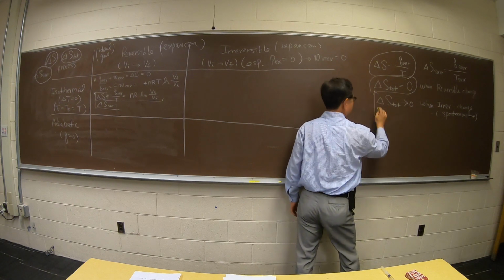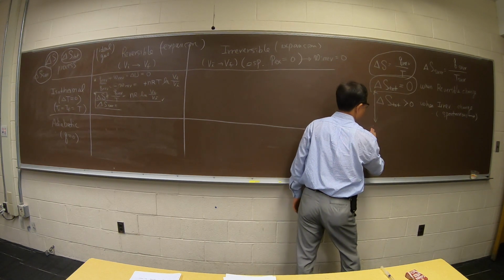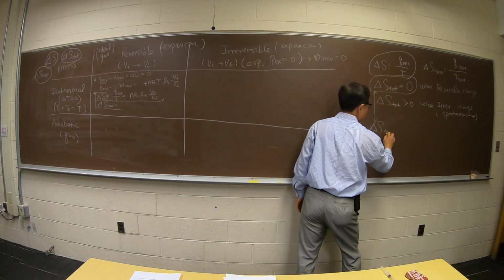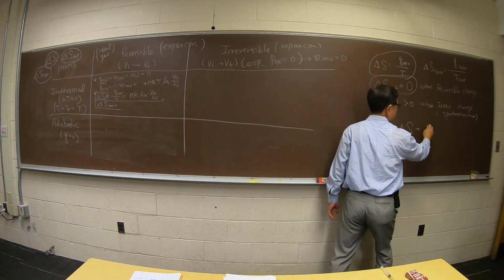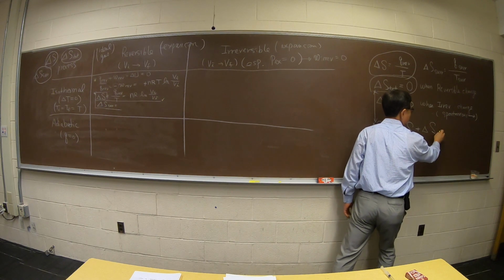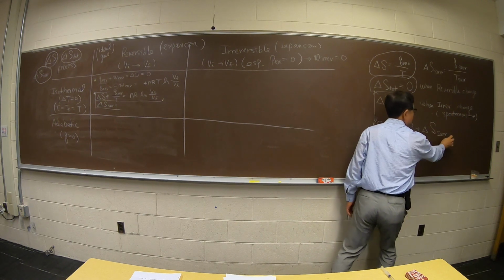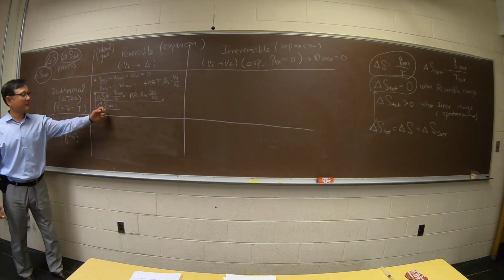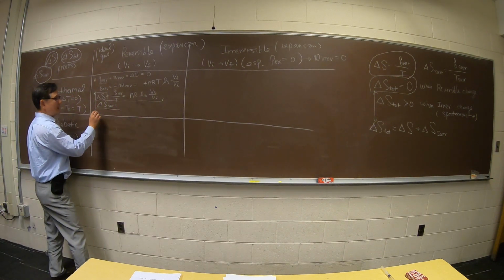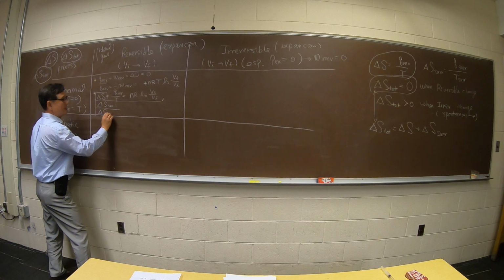Combined with this one, delta S total is delta S plus delta S surrounding. So instead of calculating this, I want to do the backdoor.